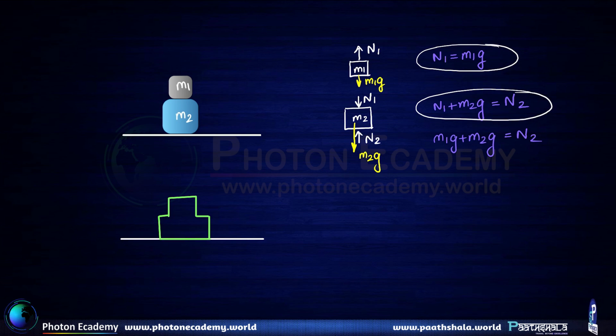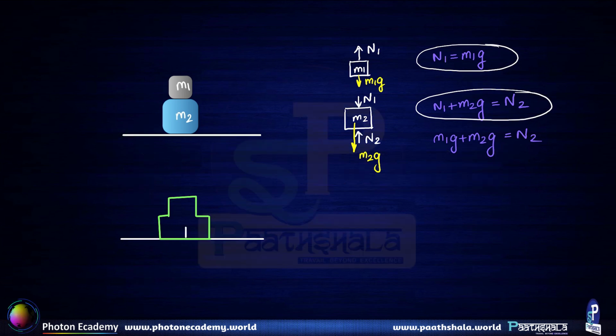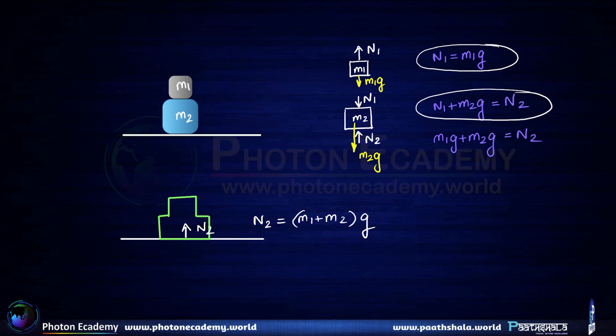We could have already said that the normal reaction N2 that is exerted by the ground on this combined system could also be directly written down as N2 is equal to (m1 plus m2) g, because N2 is balancing out the weight of m1 and m2.